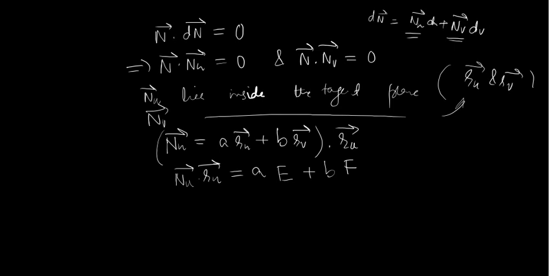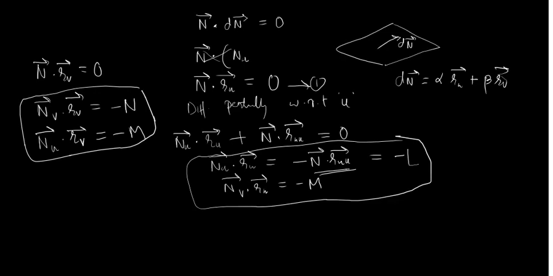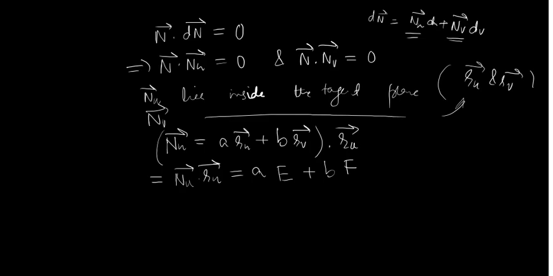And remember, n_u dot Ru, if we go to the previous page, is nothing but minus L. So I can write here minus L. From this I get the equation aE plus bF plus L equal to 0. So this is one equation that I get.